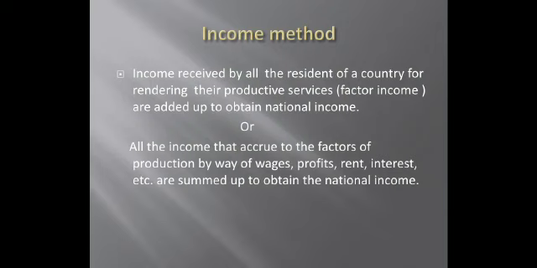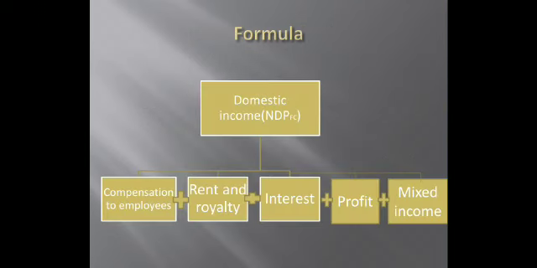So students, under income method, income received by all the residents of a country for their productive services during a year is added up to obtain the national income. Let us take the formula. In income method, we calculate domestic income, which is known as NDPFC, that is net domestic product at factor cost.